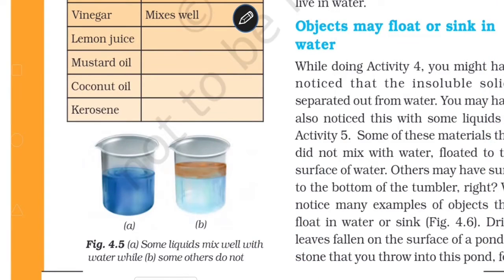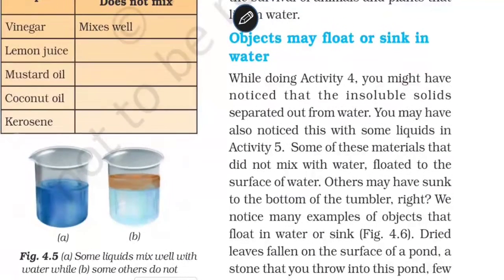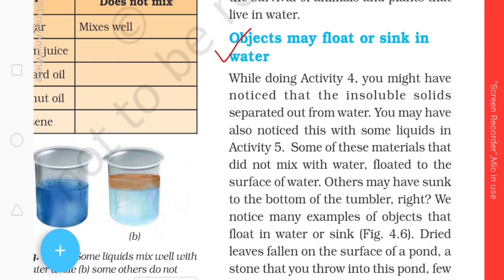Now today let's continue with the other property of material, which is objects may float or sink in water. So float here means what? When an object is floating, it means the object will not get mixed, or it will not go inside the water, it will remain on the surface.